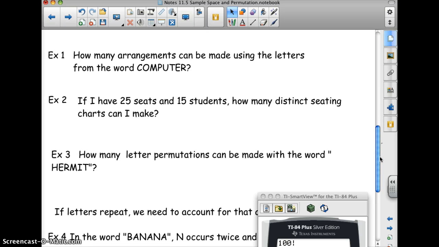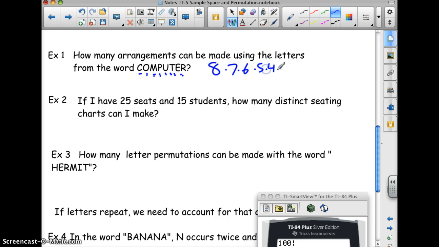Next, how many arrangements can be made using the letters from the word computer? So this is rearranging the letters around, right? And what I can do here is reorder these, right? So I have 1, 2, 3, 4, 5, 6, 7, 8 letters to choose from. So I have 8 choices for the first letter, and then 7, 6, 5, 4, 3, 2, 1, right?